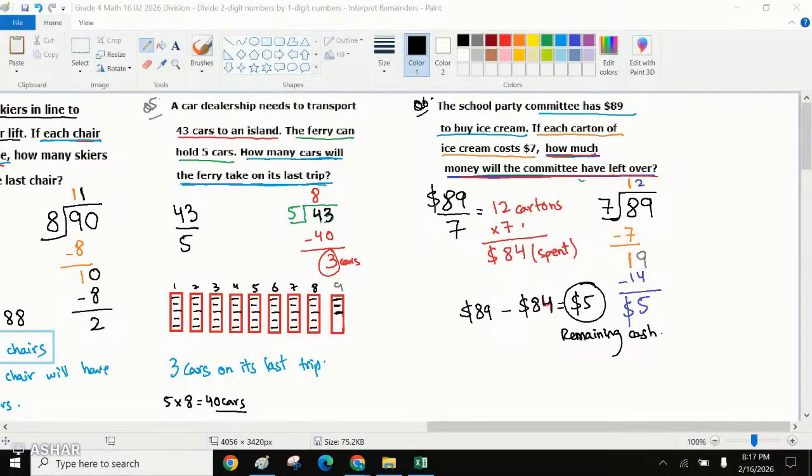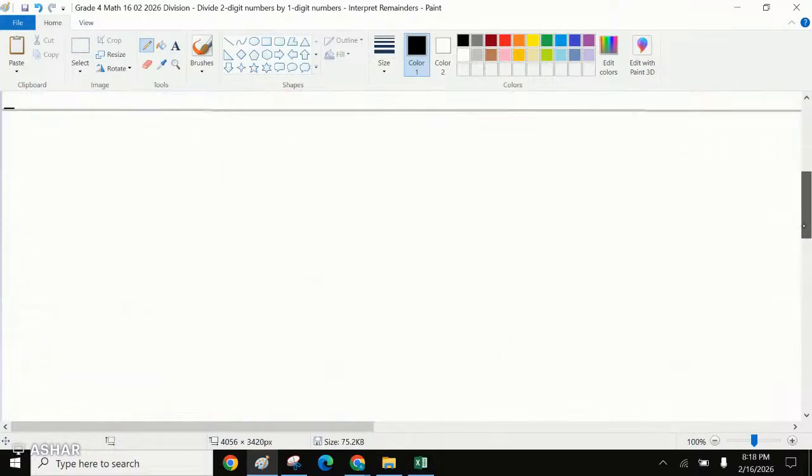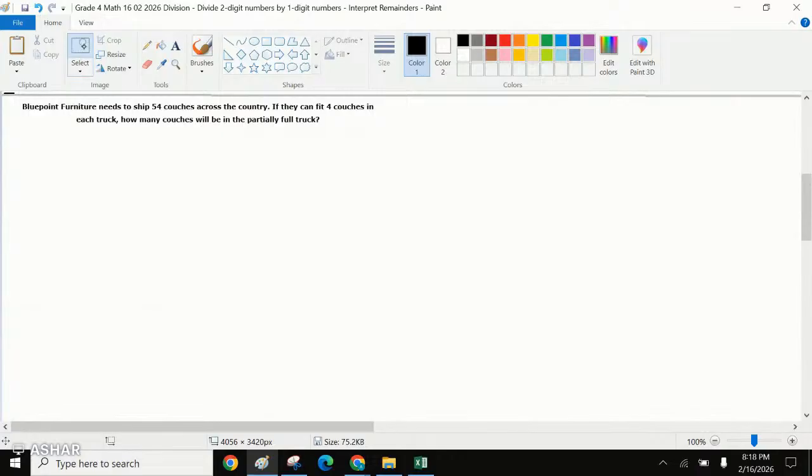Okay. A furniture company needs to ship 54 couches across the country.